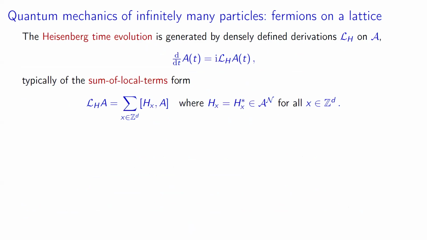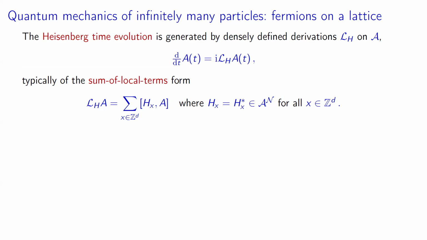Okay, so the Heisenberg time evolution on this observable algebra is now generated, in this algebraic setting, by what is called a densely defined derivation, which I write as L_H and often call the Liouvillean. So this is basically the Heisenberg equation on this algebraic level, where usually in the Heisenberg equation you have the commutator of H with A, which I replace by this L_H.